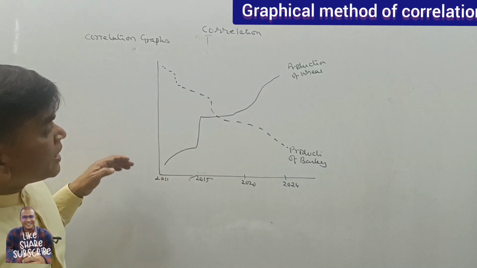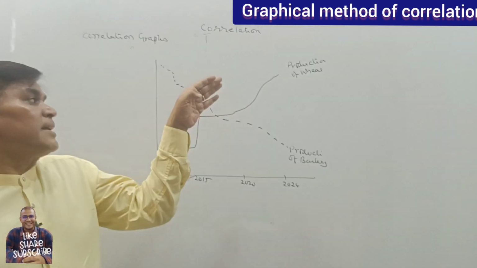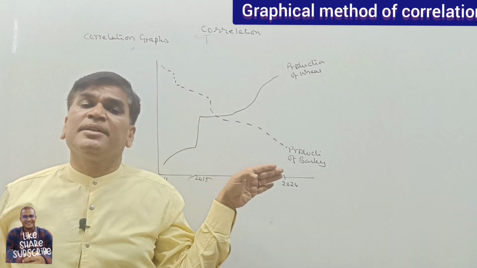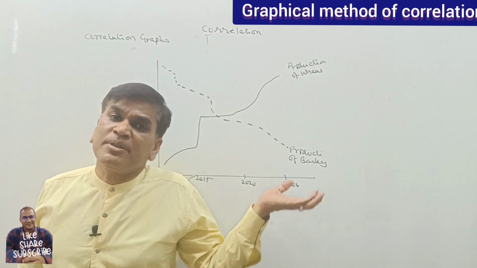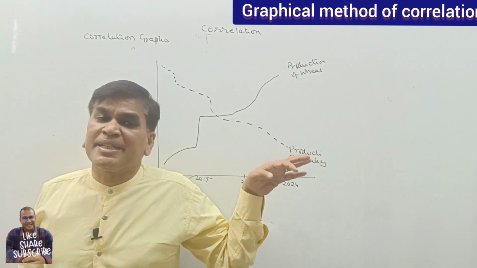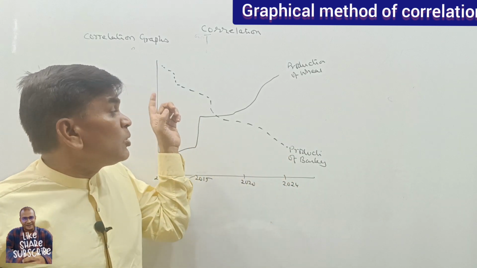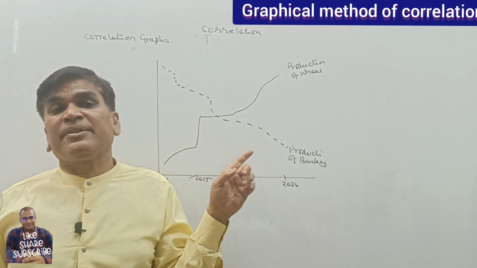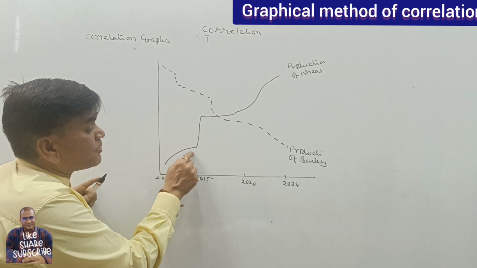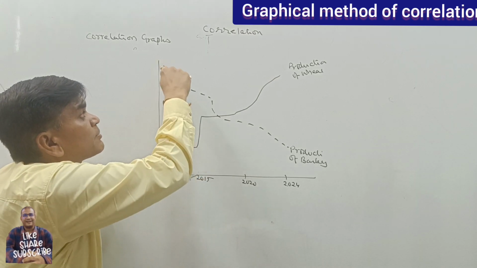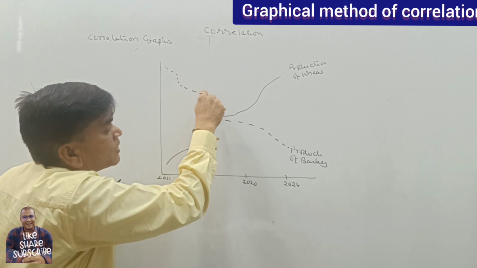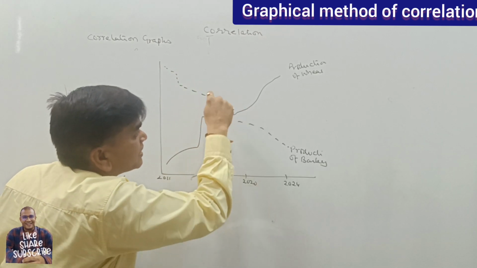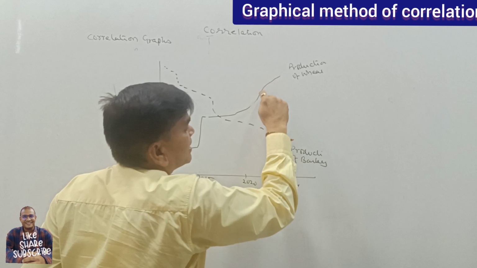It means as the production of wheat is increasing, the production of barley is decreasing. So we will say there is a negative correlation. The more wheat production increases, the more barley production decreases.